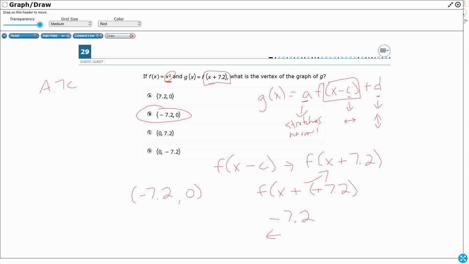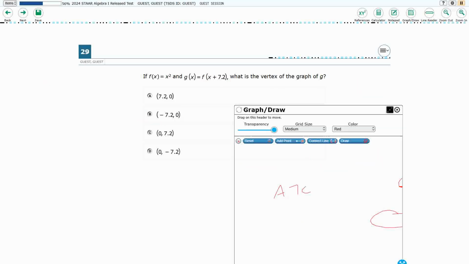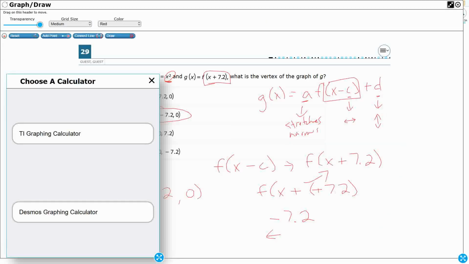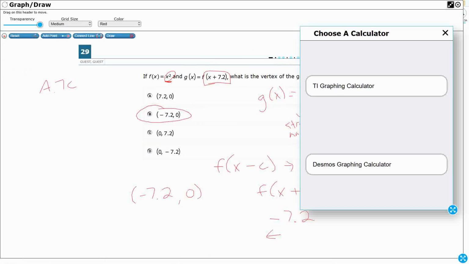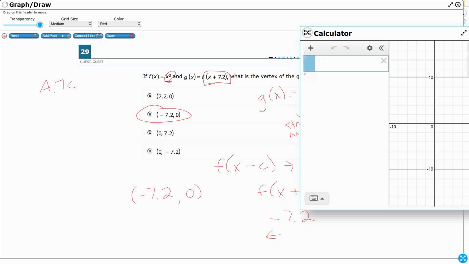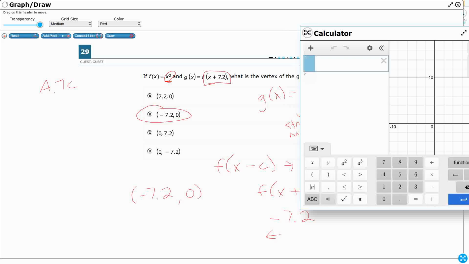Now, we did all of that work without graphing any of this. We can graph this. There's just one minor thing that we need to keep in mind. Let's bring it over here. Let's do Desmos. Okay, so if I just do f of x, and if I just try to type that in, remember, this is a parent-child function.